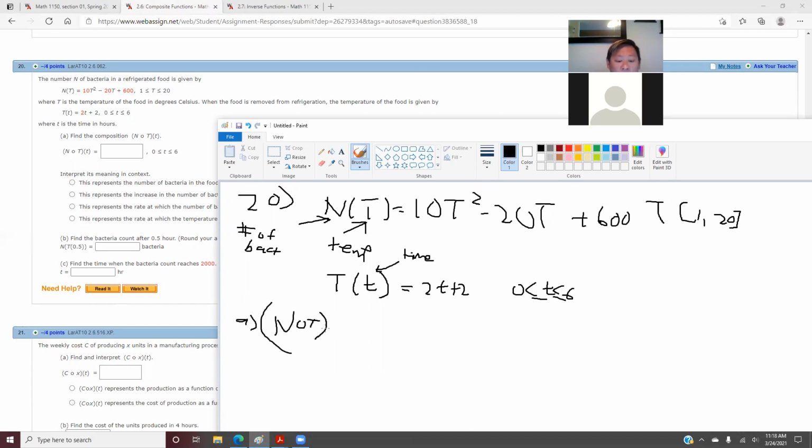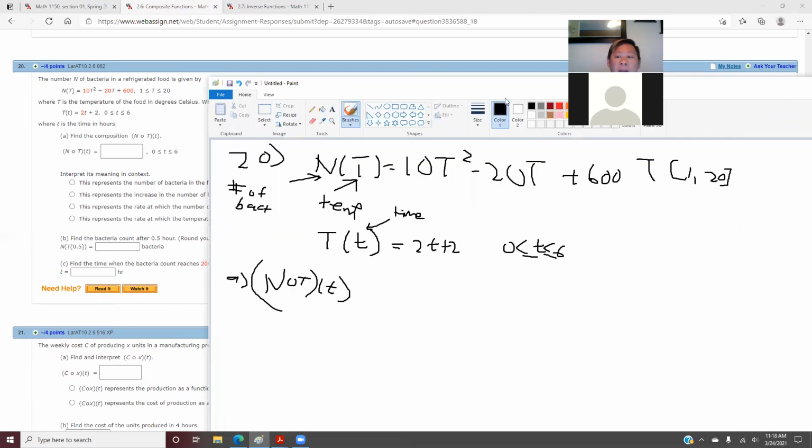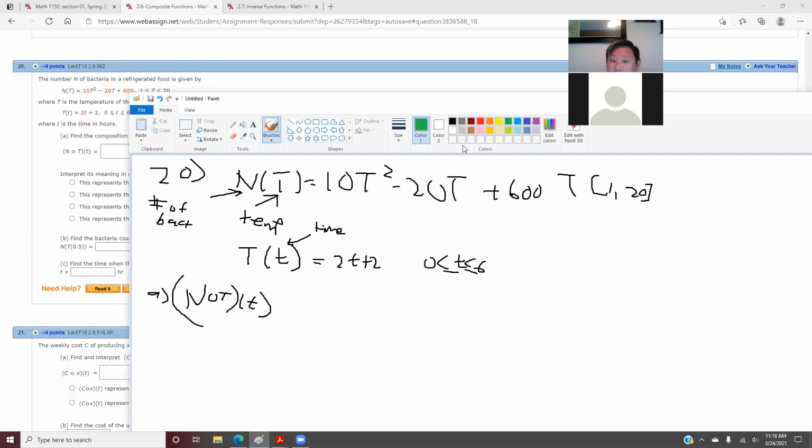And what is N of T of t? It would be taking the T(t) and plugging it into where?